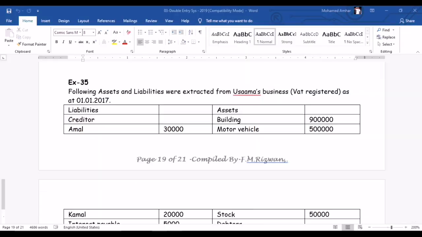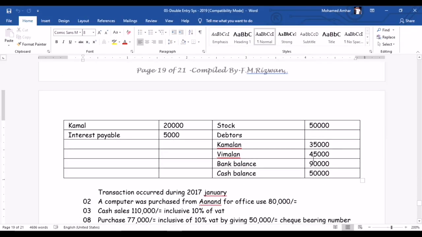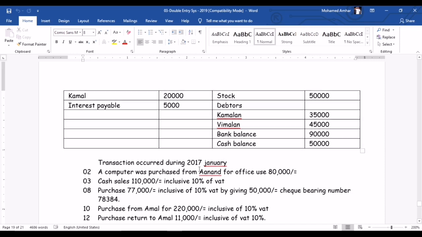Now go to the sum. We recorded all these assets in the general journal. Then transactions occurred during January 2017. A computer was purchased from Anand for office use, 80,000. So it is a purchase of an asset on credit.